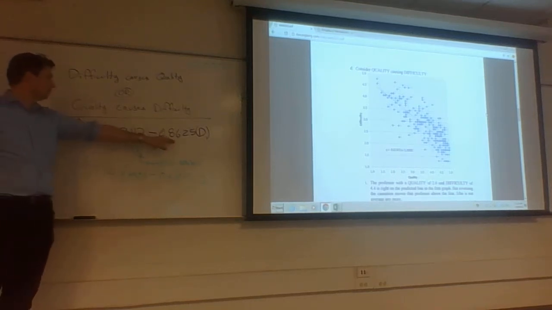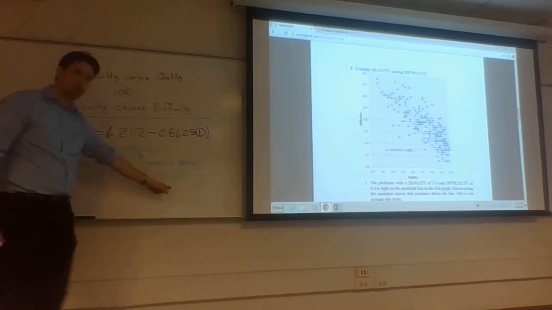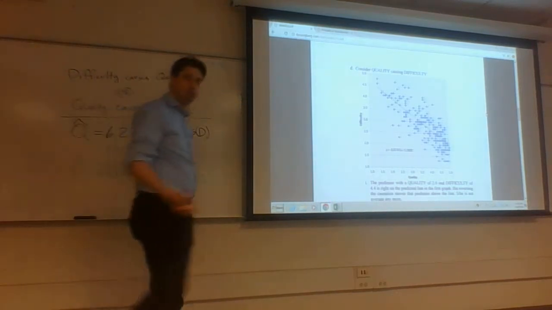If you could solve it, for example, in the algebra, the coefficient would be greater than 1 here. This is not only less than 1, this is less than what this was.